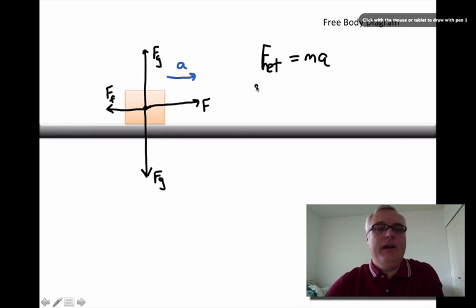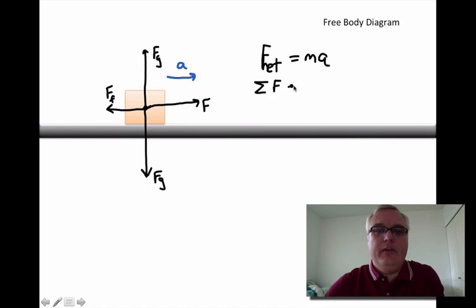So when I look at my net force, the net force, again, is always going to be the sum, and this Greek letter sigma, that looks like a funny shaped E, is the sum of all of the forces. And again, we're interested in the sum of all of the forces in the direction of the acceleration. So in this case, I have this force F in the direction of the acceleration and friction opposite to the direction.